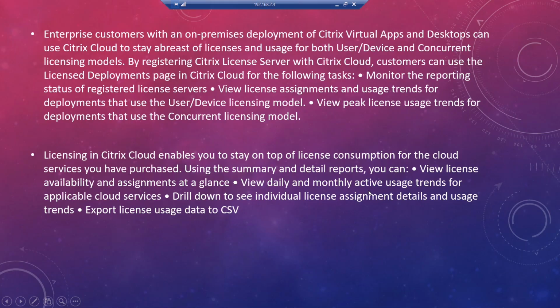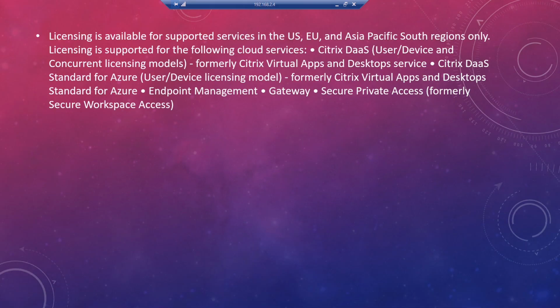So you can find out the licensing information for different cloud services in a single place. You can drill down to see individual license assignment details and usage trends. Export license usage to CSV. So at the end of the day, if you want this exported to some document, you can also do it. Okay, so these are all the important points that I have shared. Now I will show the live screenshots as well. Okay, let's go to the next point.